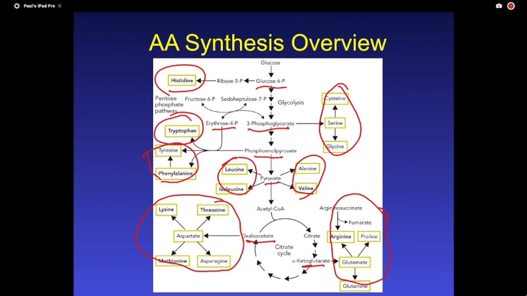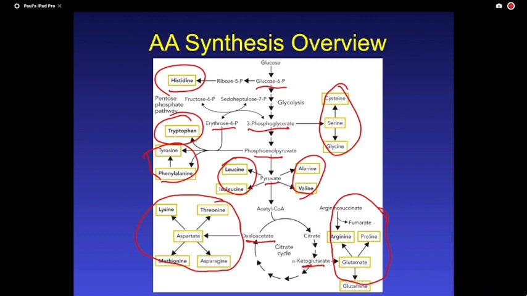All right. Name what pathway this molecule is in. Glucose 6-phosphate. What pathway are we in? Glycolysis, half right. What's the other half? Not citric acid cycle? Gluconeogenesis.